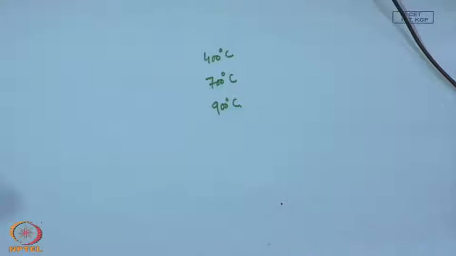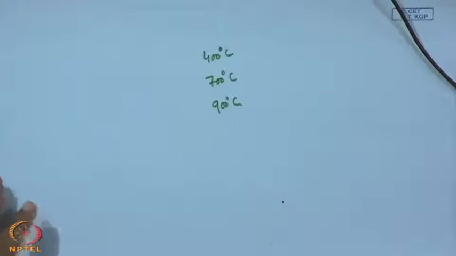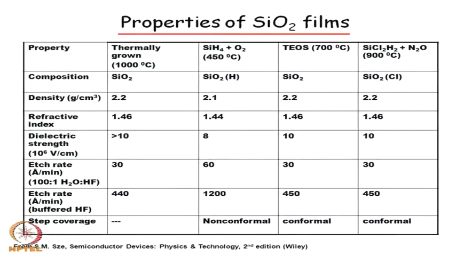And in this TEOS growth, we find good step coverage, and this step coverage comes from the migration of the reactant atoms or vapor atoms on the surface, where we can deposit the SiO2. Then one can dope SiO2 also.